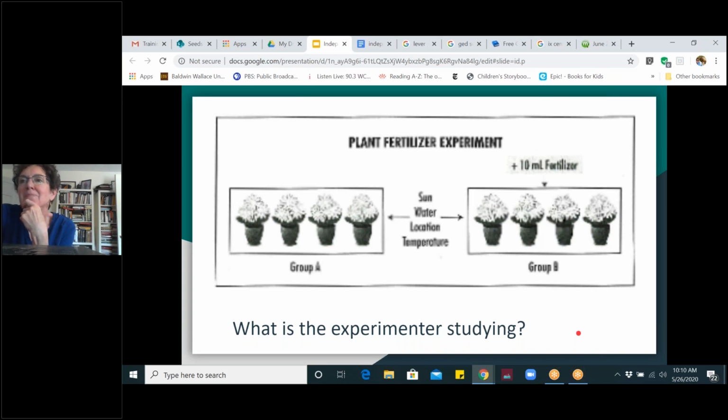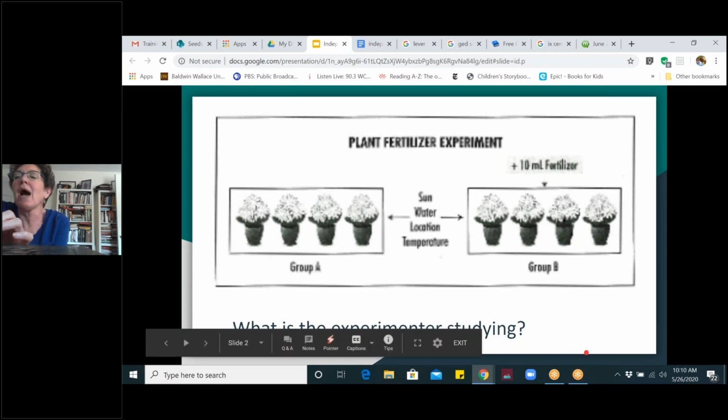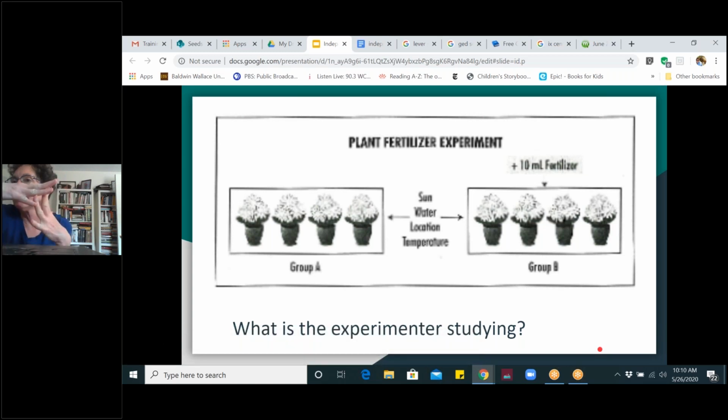Okay, I think it does because group B does look a little bigger than group A. Well, we haven't measured it yet. But that's what you would be looking at: you would be measuring the height and possibly the width, the diameter, to see whether there is growth there.